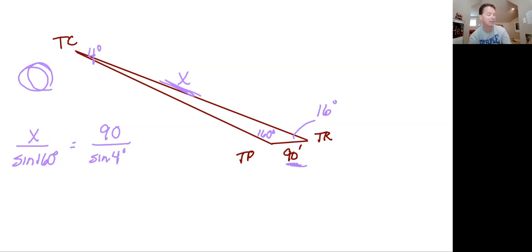Would you take a second, solve that problem for X, and figure out how far this throw is going to be from my house to the tennis court?